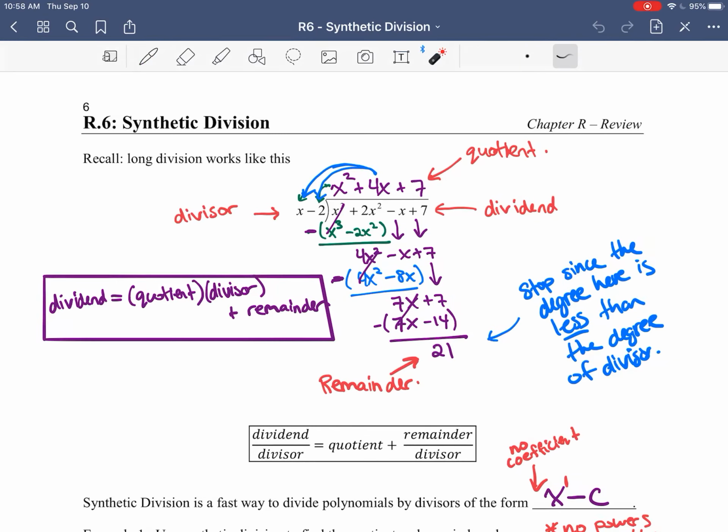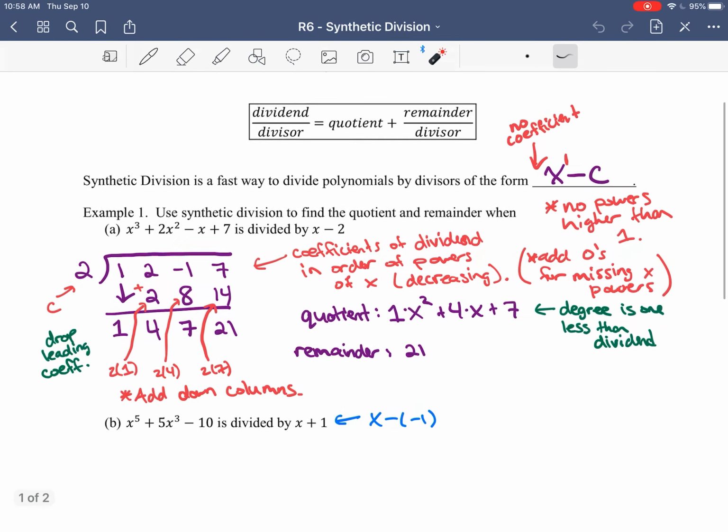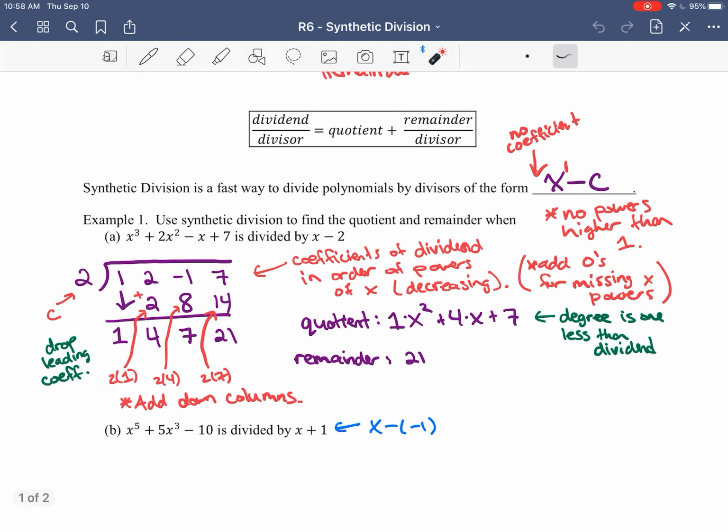In this video, we're going to do a couple of extra examples using synthetic division. Remember, synthetic division is a fast way to divide polynomials by divisors of the form x minus c. This is always the form we're going to think of. You want to be careful. You can only use synthetic division when the coefficient in front of your x is 1 and the power of x is 1.